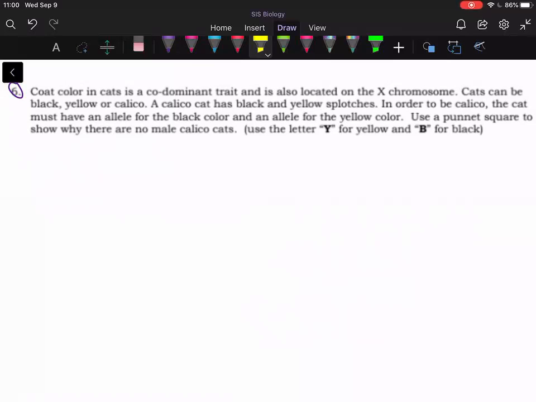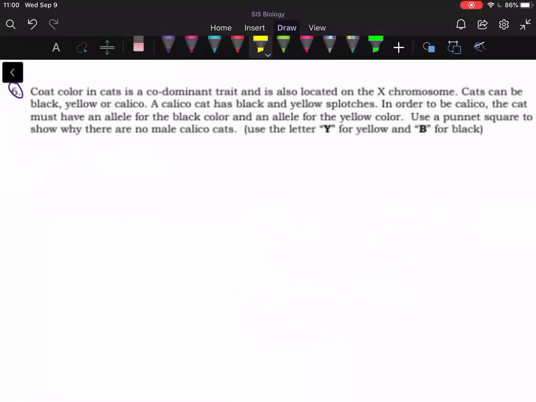Cats can be black, yellow, or calico. A calico cat has black and yellow splotches. In order to be calico, the cat must have an allele for the black coat and an allele for the yellow coat.